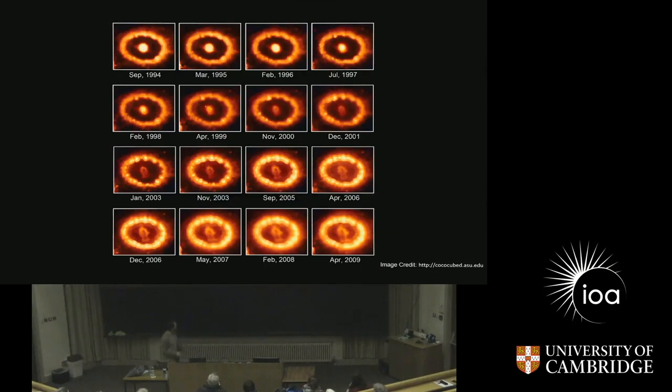So these are the images from 15 years of observations of that point in the sky. We see in the beginning the bright explosion, and it fades over time, but the ring around it brightens.